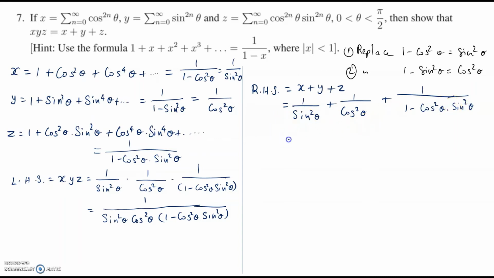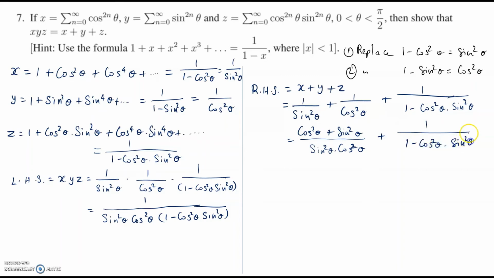So if we're going to take the LCM and further simplify this, let's take these two first. So sine squared theta cos squared theta will be your denominator, and you will multiply 1 with cos squared theta and you will multiply this one with sine squared theta, plus you have 1 by 1 minus cos squared theta sine squared theta.